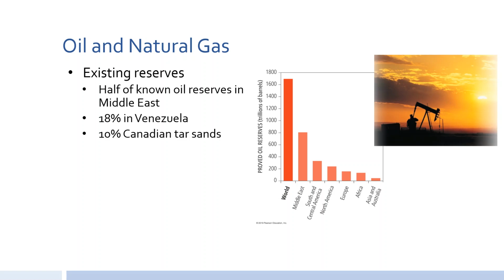Then we have 10% in Canadian tar sands, which again is much harder to extract. And then 2% in the United States. So we have oil, but a relatively small amount comparatively of global oil reserves, but we certainly use a lot of it.